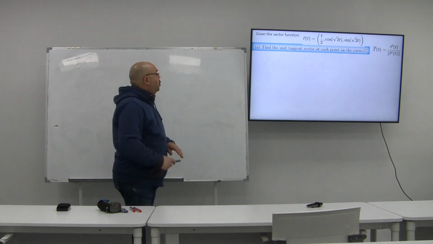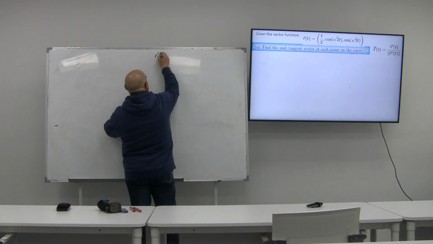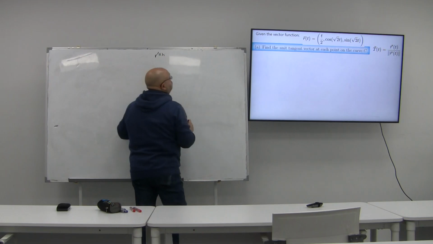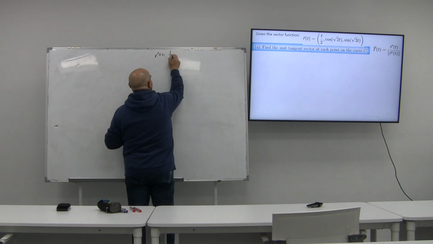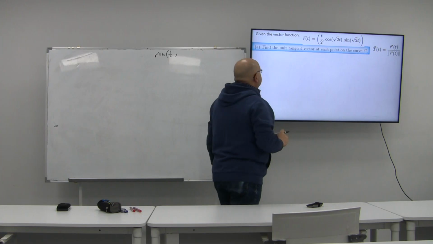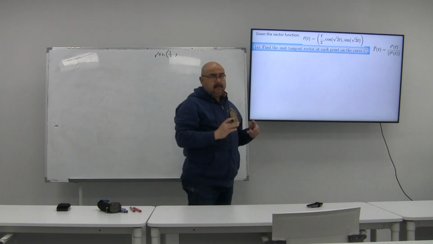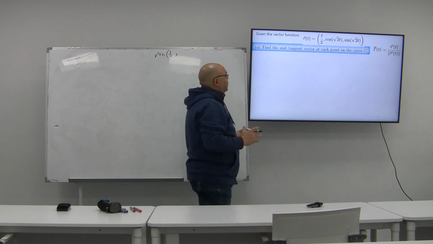Once more, I will try to get r dash of t, which is very simple. I will have 1 over root 2, and please be careful about the derivative of each component to avoid any unnecessary mistakes.